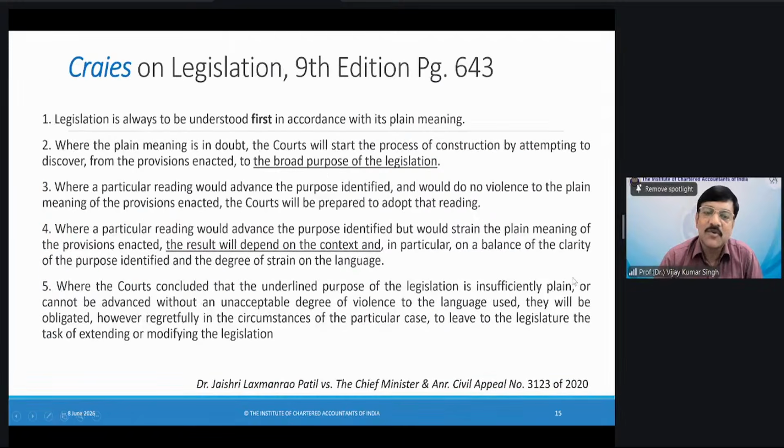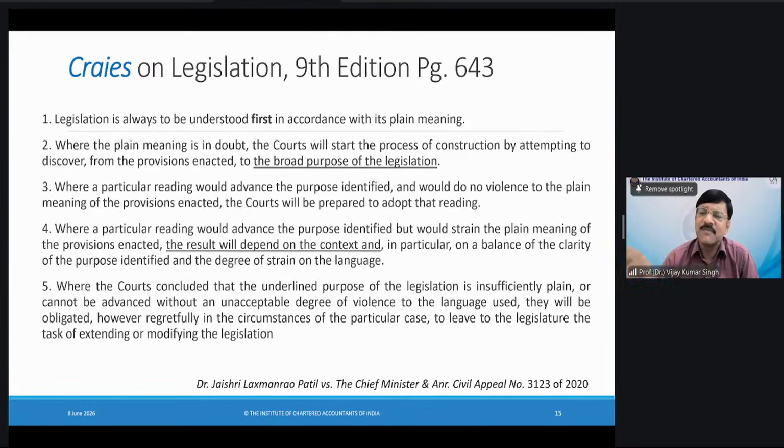Now let us talk about another important jurist on jurisprudence, and that is Craze. So Craze on legislation has authored a book on jurisprudence, and he says legislation is always to be understood first in accordance with its plain meaning. So whenever there will be an exercise of legislative meaning or legislative interpretation, you don't look at any rules.